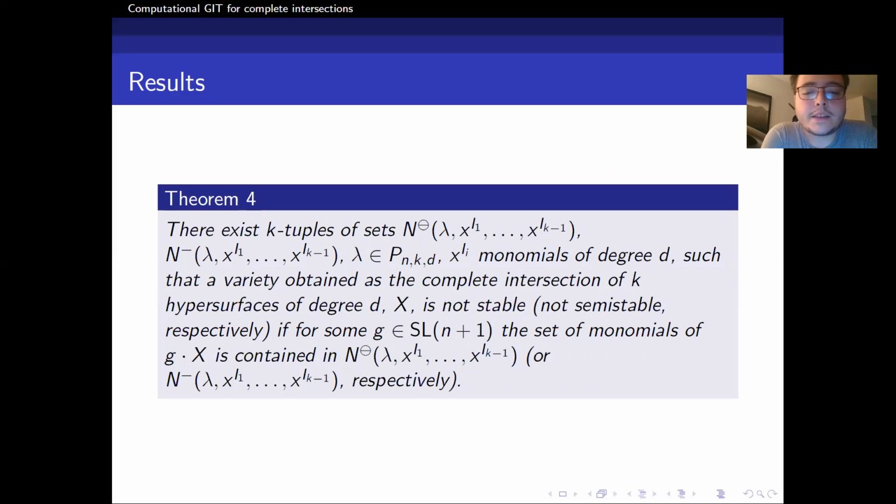In a similar way, there exist k-tuples of sets, these N^0 and N^-, of these very complicated things, where every x_i is a monomial of degree d and lambda belongs to the set above, such that the variety obtained as a complete intersection of these k hypersurfaces of degree d is not stable or not semi-stable if for some g in the target group, the set of monomials of g acting on X is contained in these two sets.